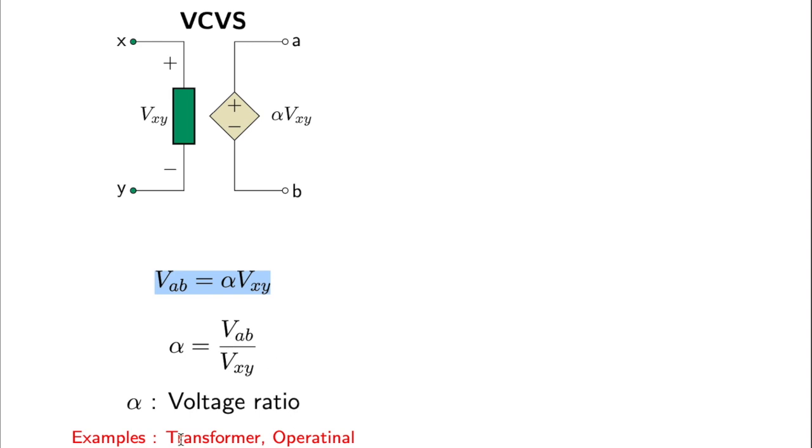The transformer and the operational amplifier are examples of the voltage controlled voltage source. In a transformer, the secondary voltage depends on the primary voltage multiplied by the turns ratio. Similarly, in an operational amplifier, the output voltage depends on the differential input voltage.